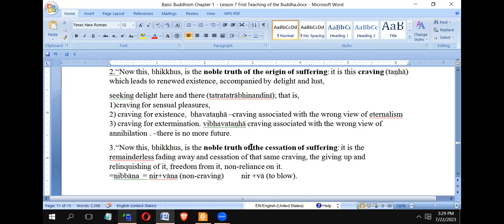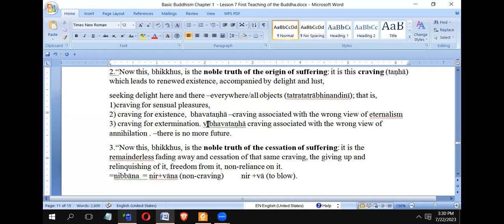Everywhere. Where is this everywhere? Seeking delight, where is this place? All of life. Now you can see the answer already mentioned: craving for sensual pleasure, for existence, for extermination means seeking everywhere, all the objects.